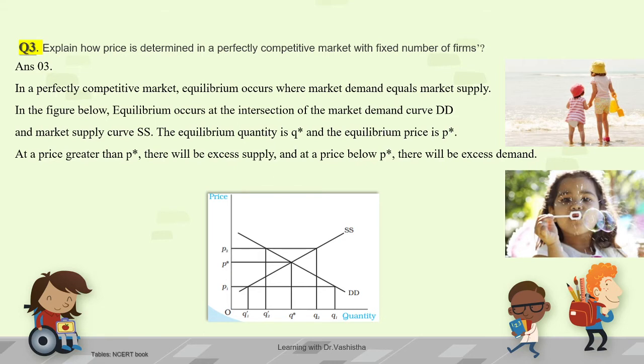This is how the price is actually determined. The condition is where the demand shall be equal to the supply. So whenever there is excess supply or excess demand, the equilibrium is restored by the free play of market forces, like we have just studied in our last answer how that happens.